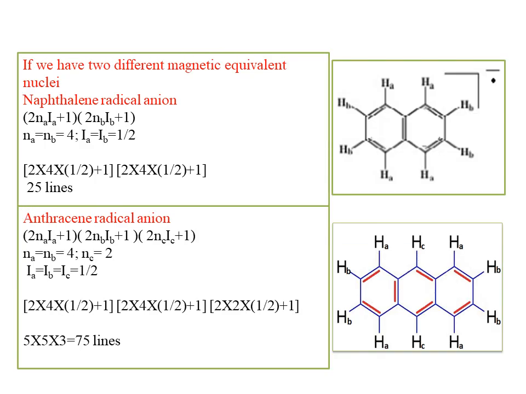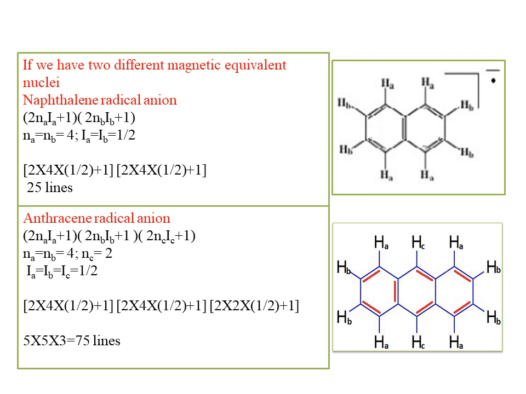In the previous case, we have seen in the methyl radical, there are 3 equivalent protons. But here in the naphthalene radical anion, there are 2 different proton environments. In such a case, the splitting follows 2NaIa plus 1 and 2NbIb plus 1 if the protons are in 2 different environments.